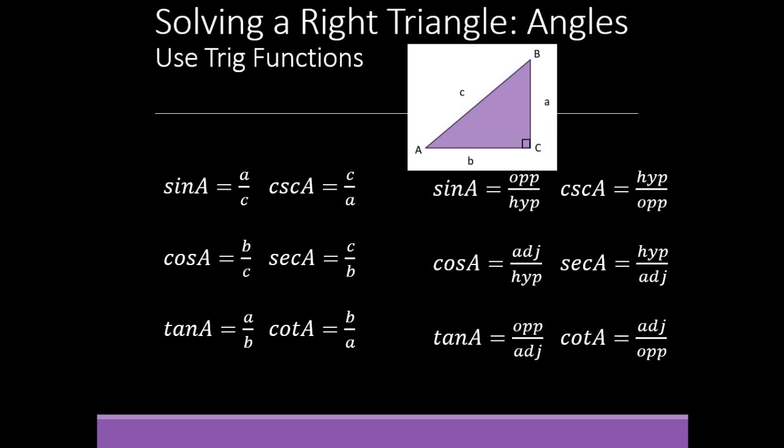Okay, if we go back here, we can see the relationship of these angles. Remember I talked to you about the fact that this opposite over hypotenuse was the same thing as A over C. So we've been talking this whole time about A over C and B over C. We haven't been really talking about the opposite over hypotenuse and those relationships. But now we need to, because we're talking about a different angle.